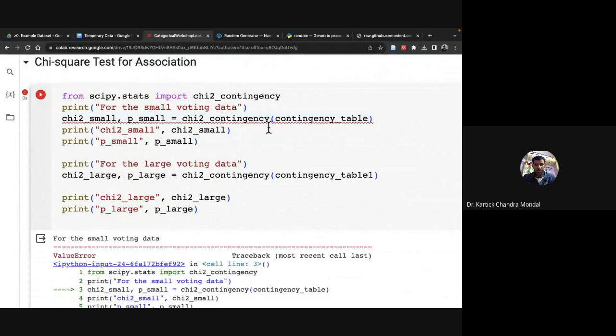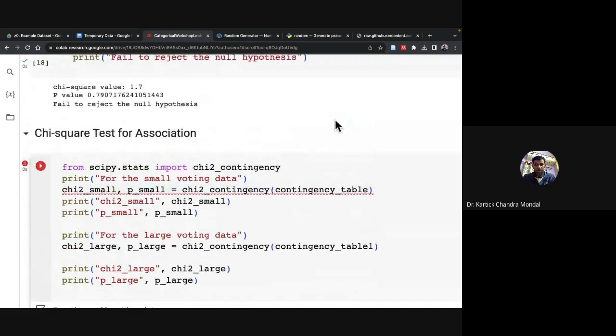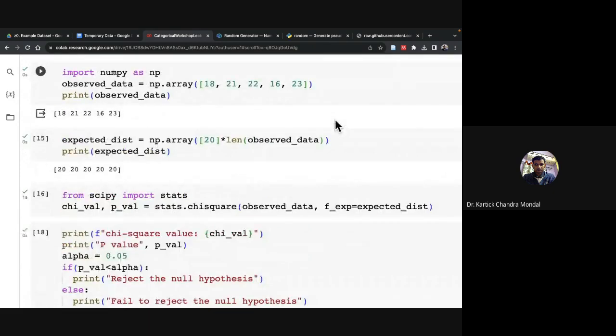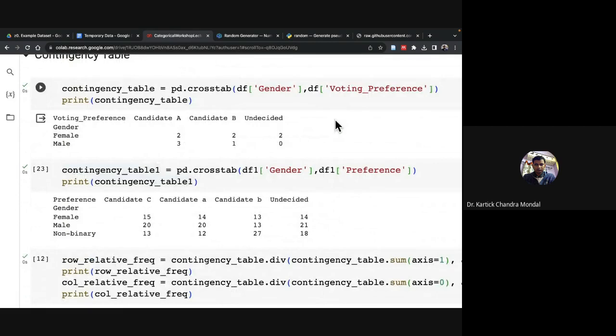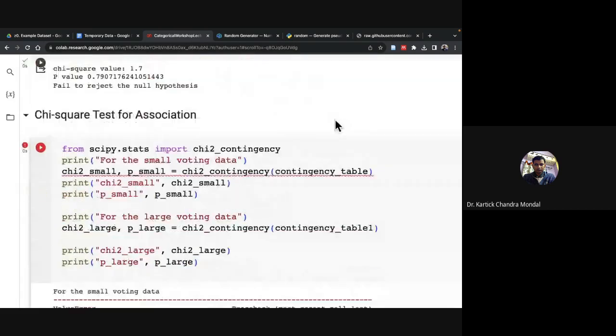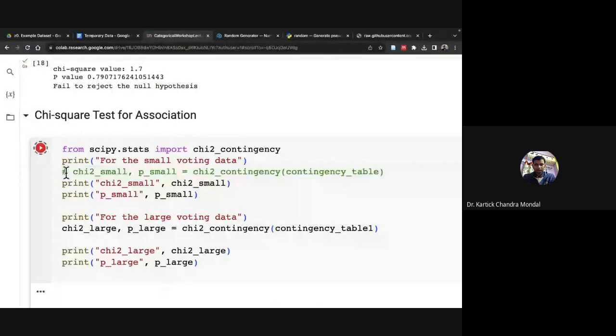What happened here? Contingency table. Let me try the next one for the moment, whether it has the same problem or not.